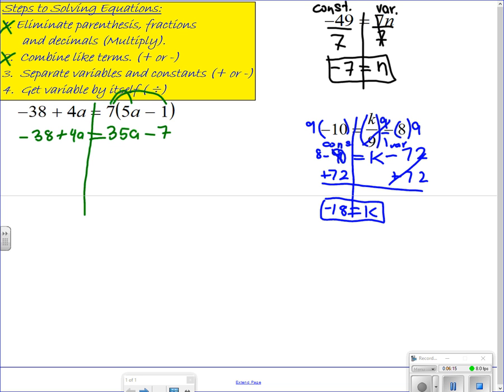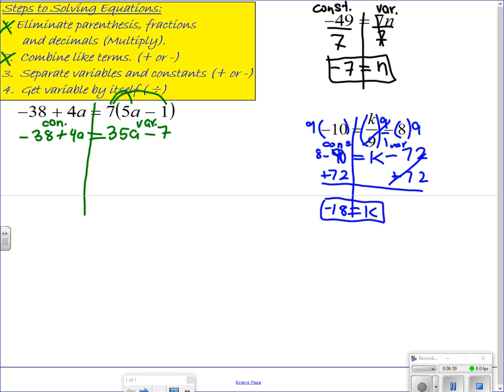Right side, they're not alike, they cannot be combined. Number 3, separate variables and constants. Variable means letters. In this case, the letter is on both sides. So you pick the biggest variable. The biggest one will be this one, 35. So I'm going to pick the right side. Variable over here, letters, and constant over here.